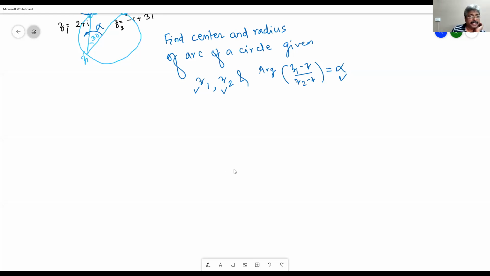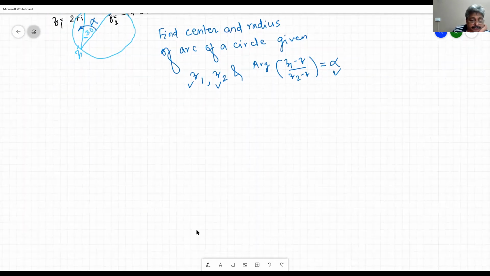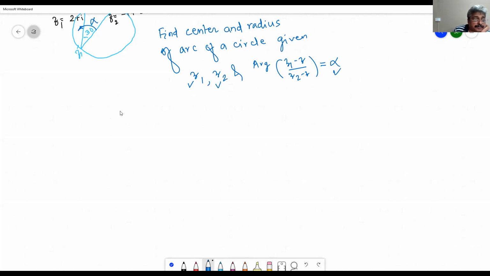There are two ways of getting it. Let me check by which way I get first. Suppose I have a circle, and of course I am not considering the circle, but this arc. This is z1, z2, center M. Let the complex number of M be small m.